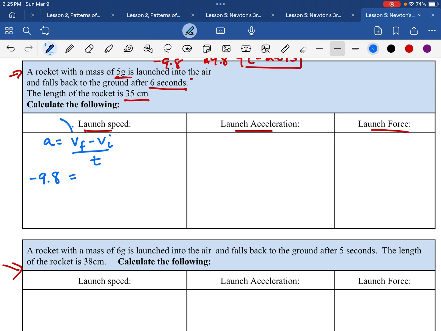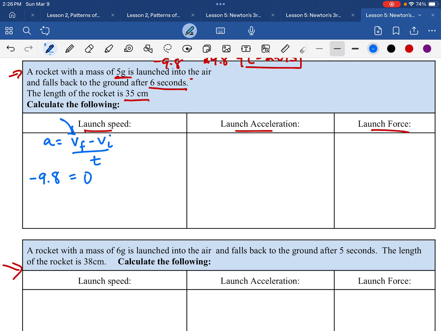The final velocity is going to be 0, because that is when it stops going up, right? So it's going to go up and it's going to stop and then it's going to come down to Earth. So the final velocity after it has gone up as high as it's going to go, that final velocity right at the top before it comes down is 0.